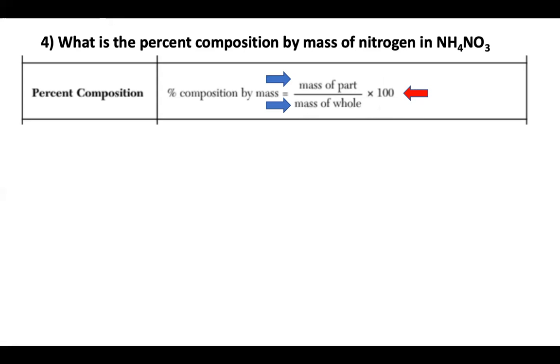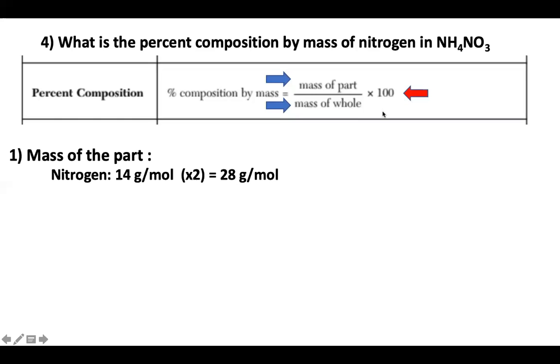To make that decimal into a percent, you've got to multiply by 100. So first, the mass of the part. We're going to take a look at nitrogen in our formula, NH4NO3. How many nitrogens do we have? We got 2. Each nitrogen has a mass of 14 grams per mole, and when you multiply by 2, it equals 28 grams per mole.